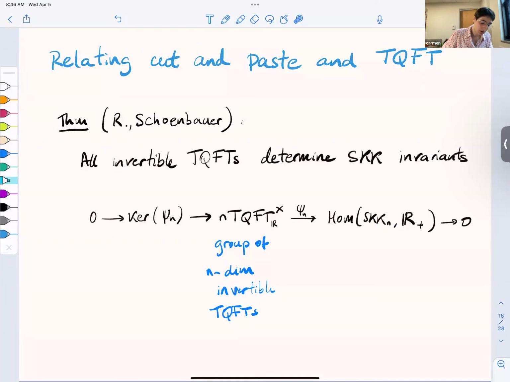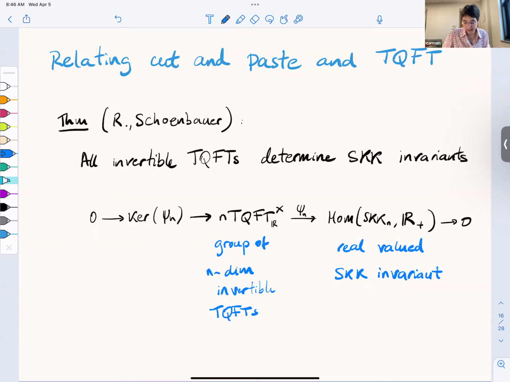So all of those homomorphisms are going to be real valued SKK invariants. So now this is already taking shape, because now we are seeing that there's a group of TQFTs and there's a group of real valued SKK invariants.